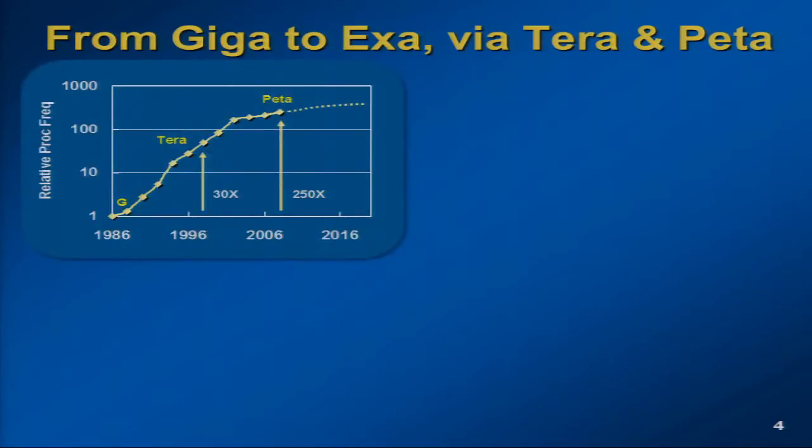If I look at the transistor as a workhorse of delivering the performance, what this shows is the relative frequency of the transistor. You can see from giga to tera, the performance increased by 30x. From giga to peta, the performance increased by 250x. Lately, the transistor performance has flattened out.